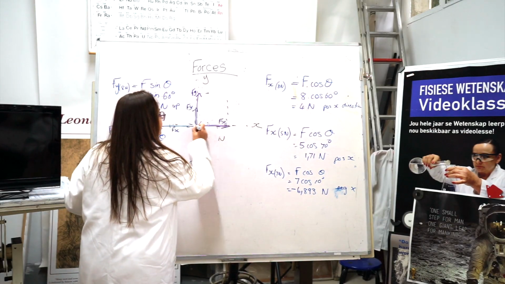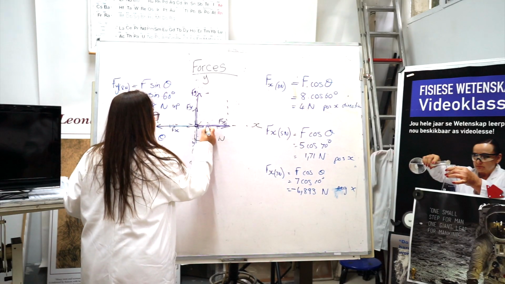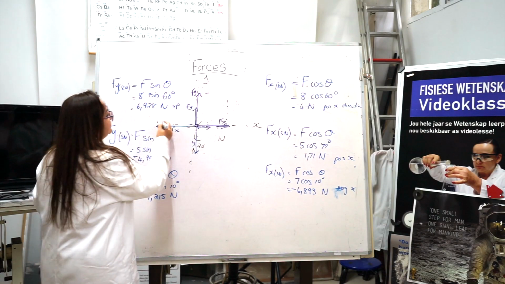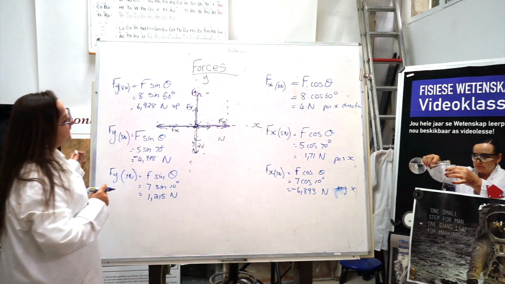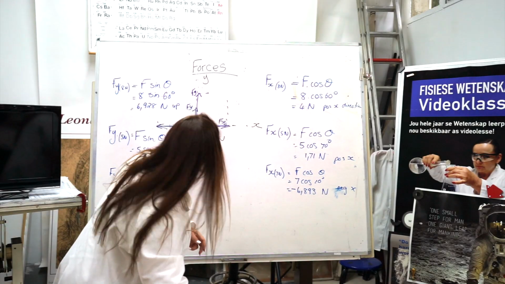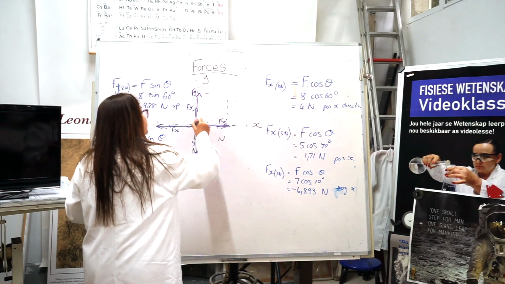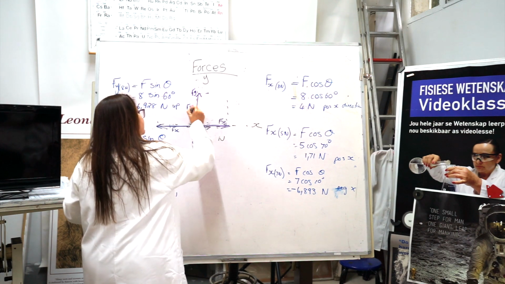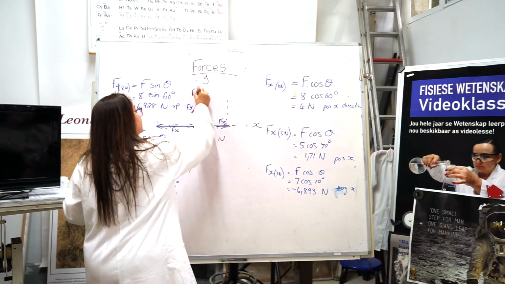So there's an x component, then this one had an x component there, and then the 7 Newton had an x component working in this direction there. And then for all the y components, we had that one going up, which was there. We had that one going up, which was there.